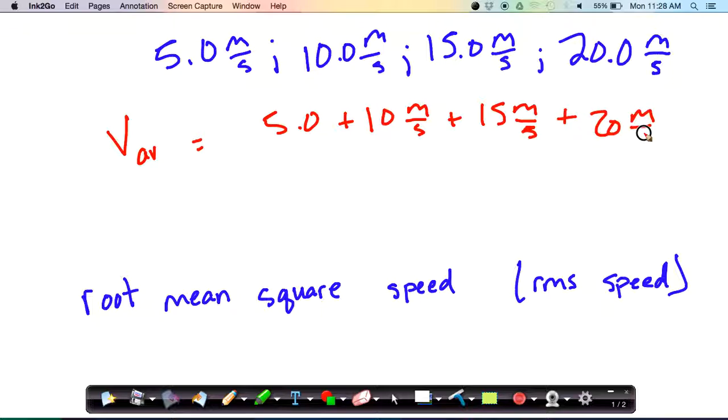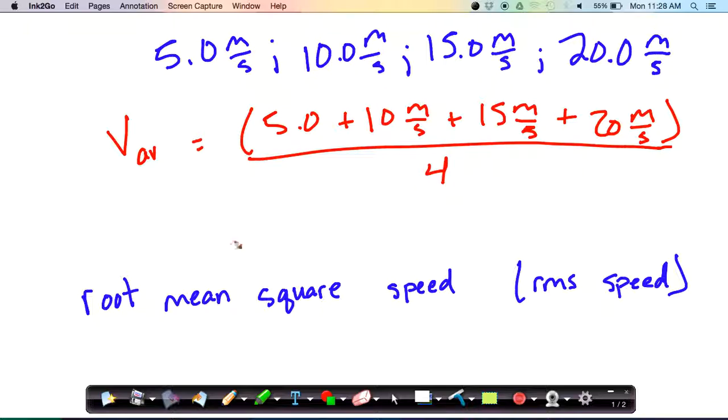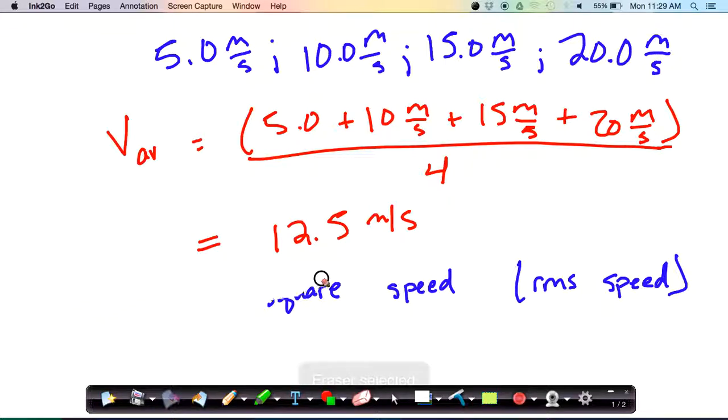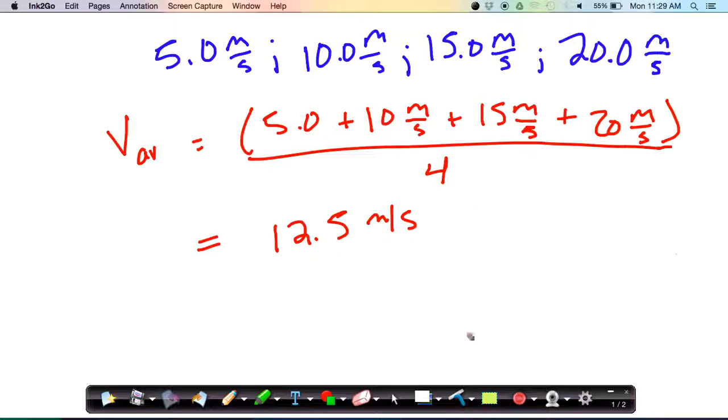I know I'm dropping sig figs here, but this is in the interest of time, so don't read too much into that. I add up and divide by 4, and I get an average velocity of 12.5 meters per second. Everybody knows how to calculate an average. That's easy enough. So we're going to record this value and put it off to the side for just a second. Let's put it down here in the corner.